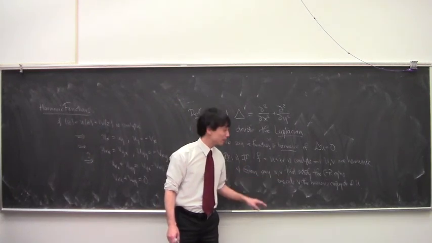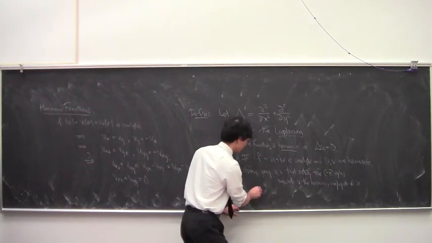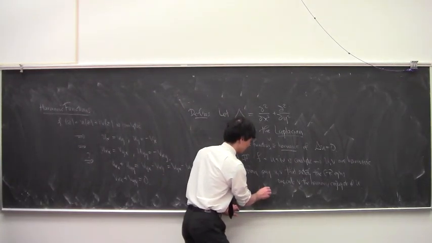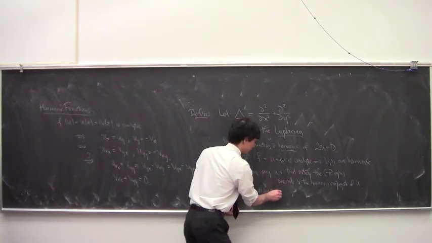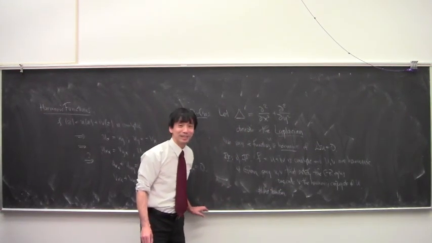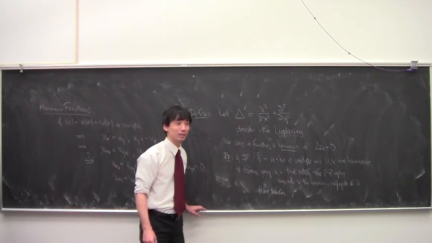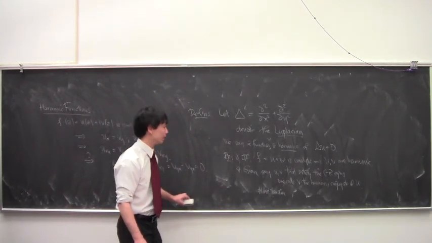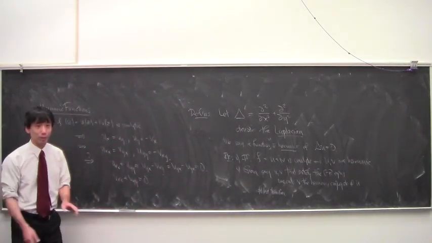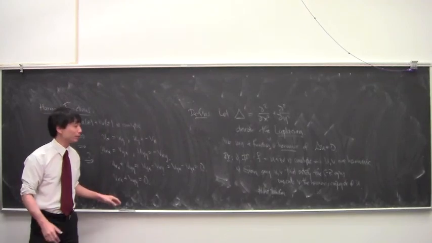That's actually a pretty tough question, and its answer involves something called the Hilbert transform, which you may never see unless you take some more advanced course in complex analysis. But anyway, we'll talk more about harmonic functions next time.